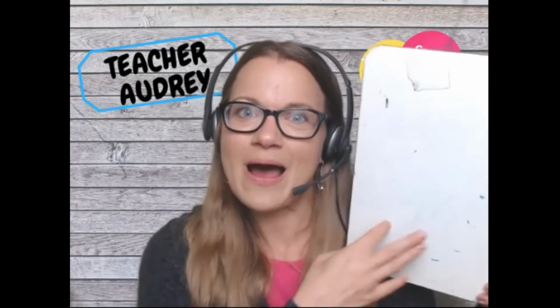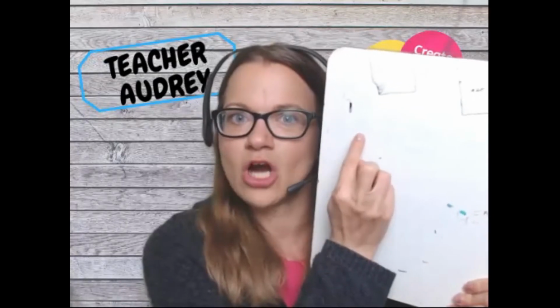The props I would recommend you having during your VIPKid lesson would be 1, the happy and sad faces, 2, a boy and girl printout or stuffed animals or dolls, and 3, a dry erase board with a marker or a piece of paper taped on a book and a dark marker that you could write on.